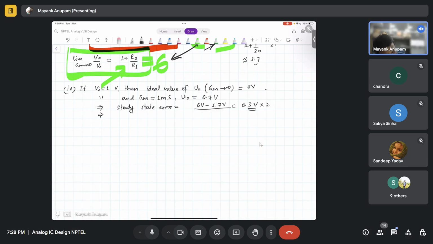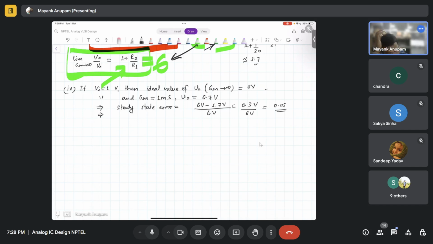This will be 6 volt divided by 5.7 divided by 6 volt. So how much will this be in that condition? Correct.